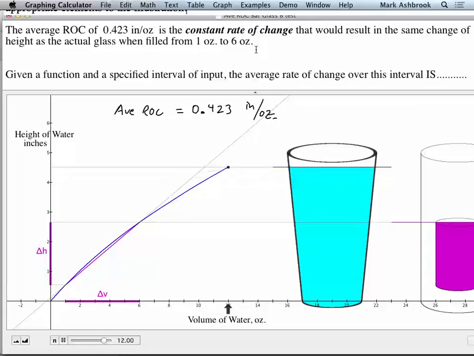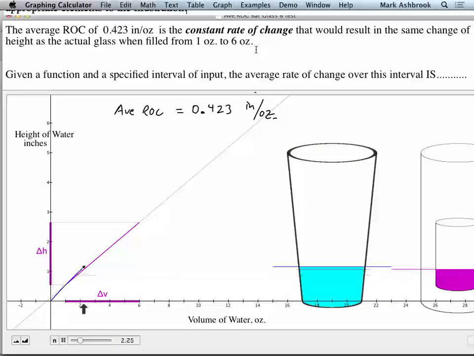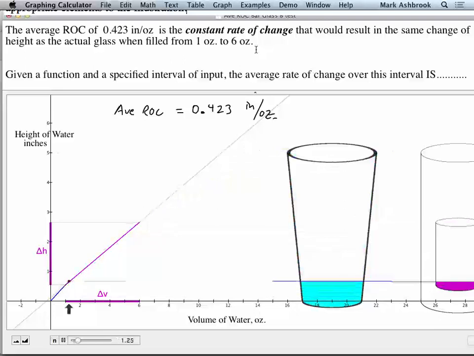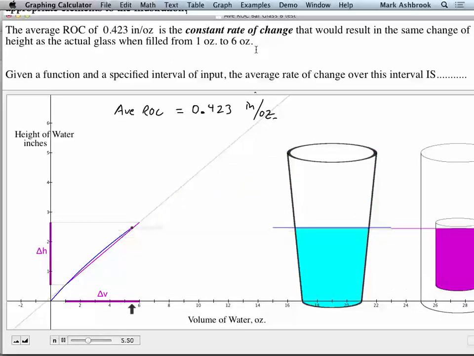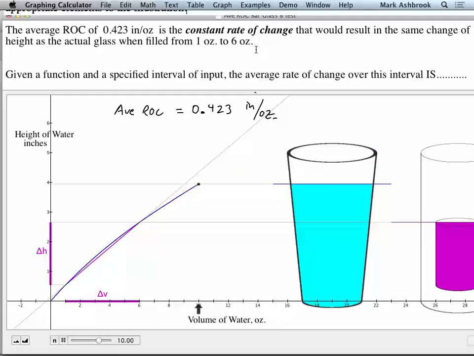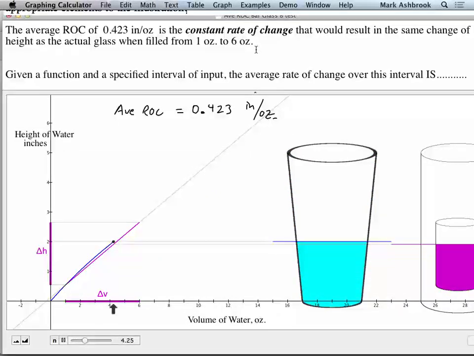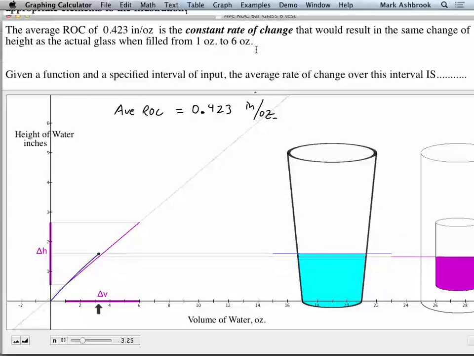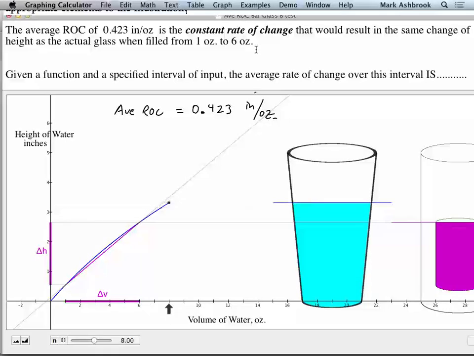The constant rate of change that it would take to travel the same distance and gain the same increase of the output quantity, in terms of the same amount of input. That's right. She said it's the constant rate of change that's going to realize the same change in output for the given change in input.